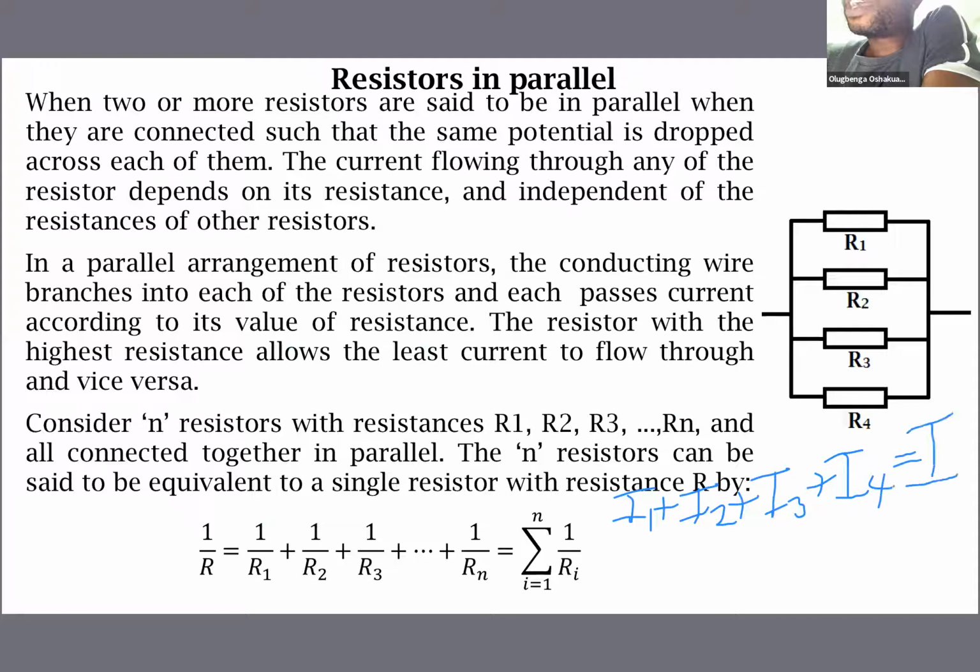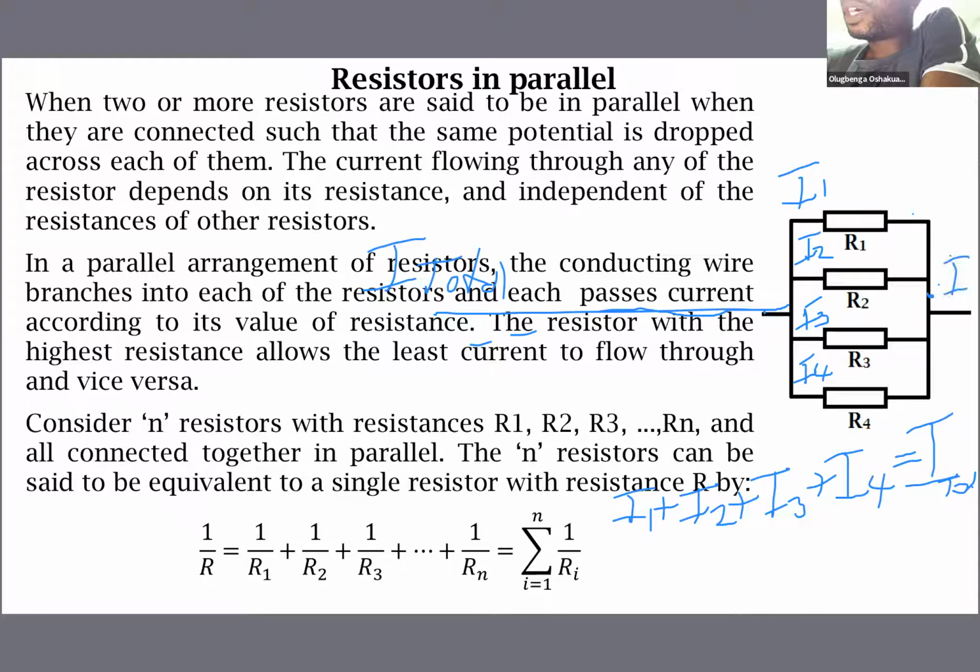Let's say current I total is flowing into this group of resistors. It splits into different currents. I1 will flow through R1, I2 through R2, I3 through R3, I4 through R4, and they will come together and meet at this point to add up again to I total.